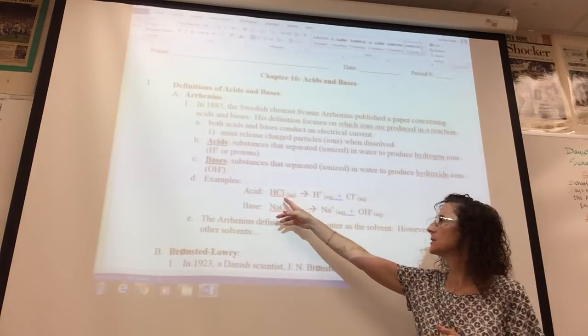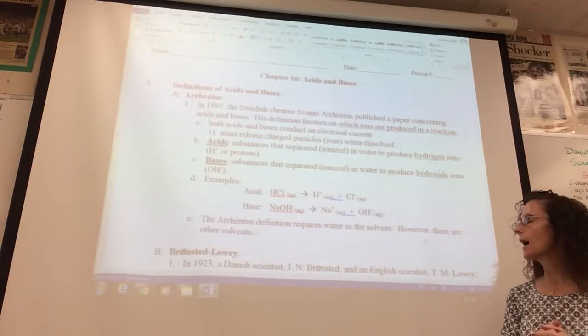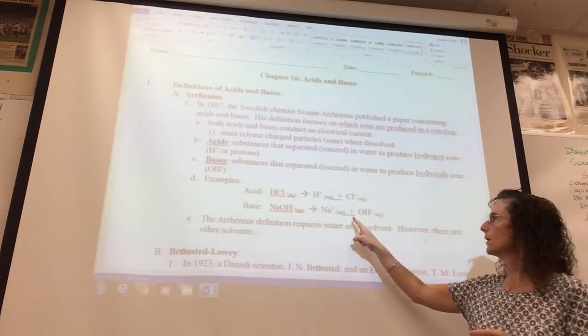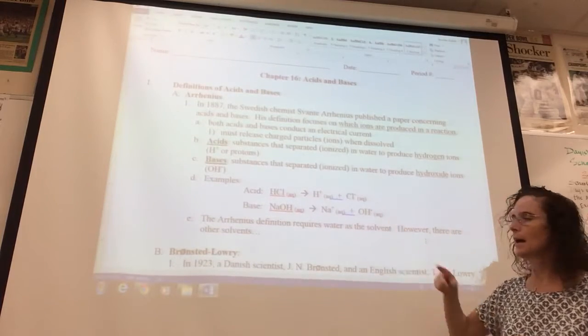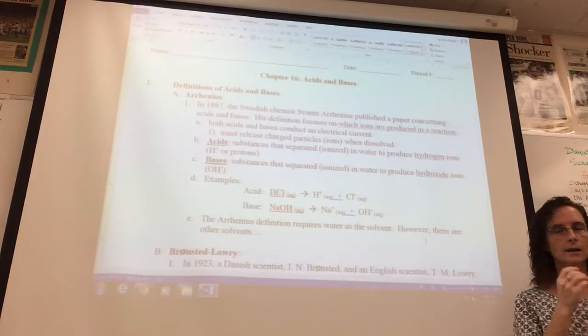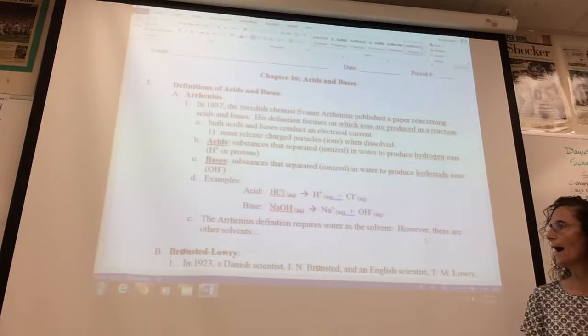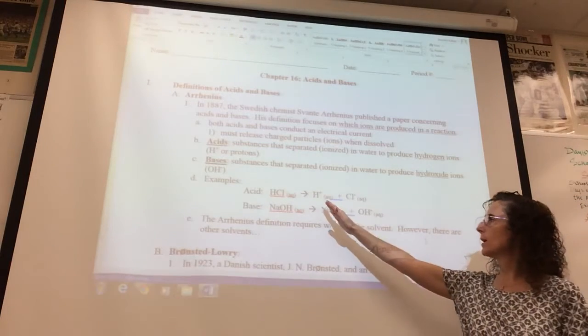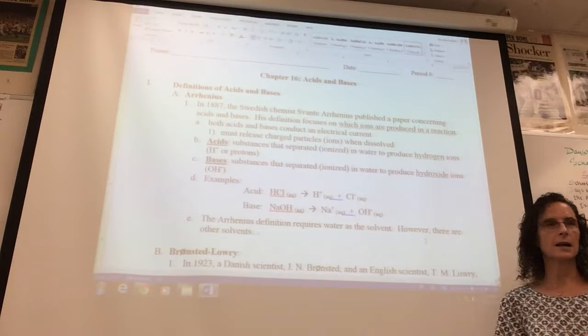Hence, this substance is an acid. A base, such as sodium hydroxide, will ionize in water to generate sodium ion and hydroxide ion, and the generation of hydroxide ion indicates that you have a base. So Arrhenius acids generate protons, and Arrhenius bases generate hydroxide ions.